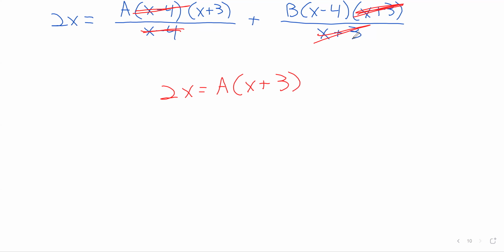And this is not yet the Heaviside method. This is what you'd always do, even if the Heaviside method weren't going to work and you were going to try something more complicated.